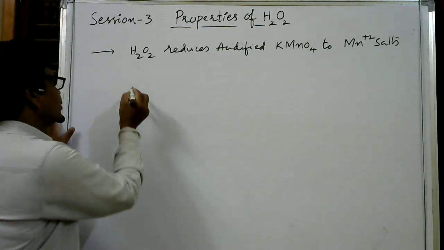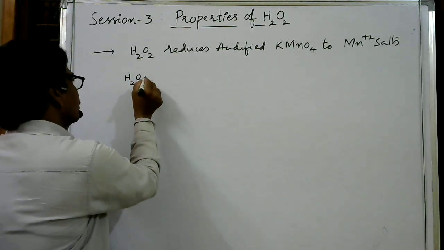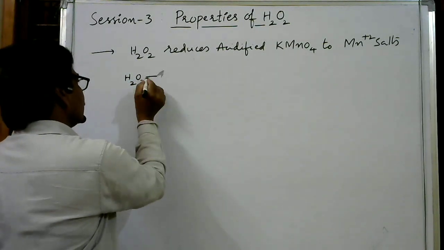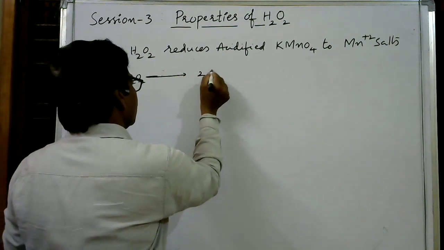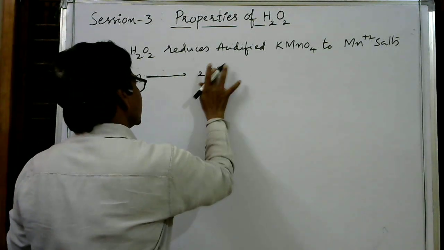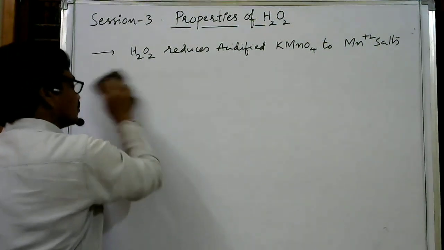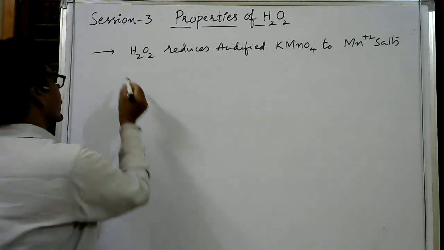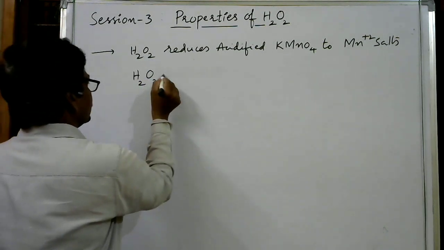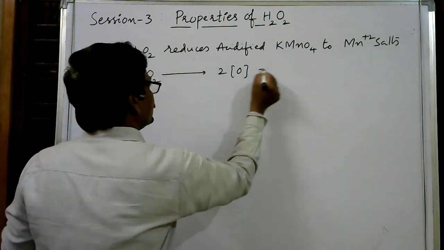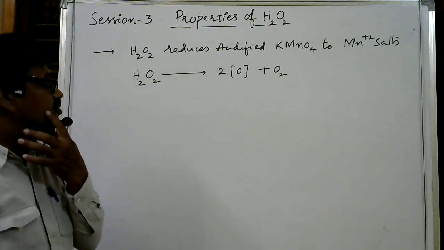See, I am writing the reaction. H2O2 first produces two nascent hydrogens, then O2. Like this it can decompose in reducing properties.